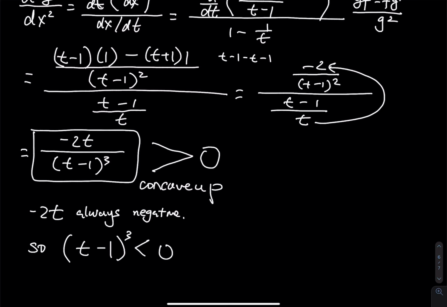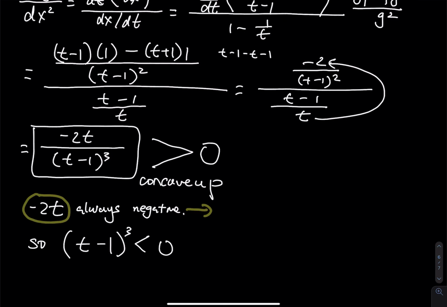By the way, I said the negative 2t is always negative. There is an implication. What is the implication? Negative 2, there is a negative built in there, right? You want the entire term to be negative, so that means, let's hold on to this.